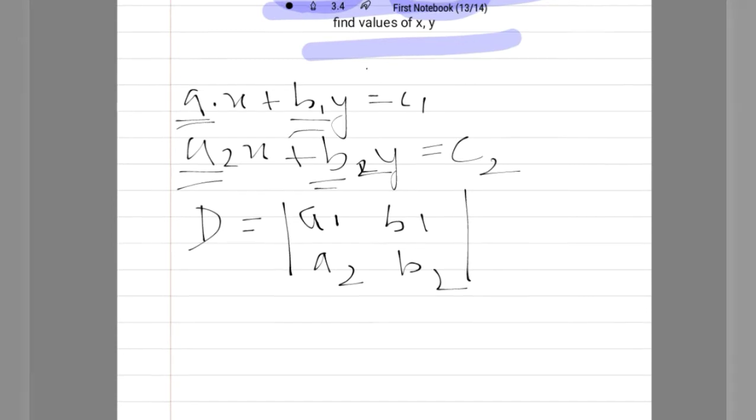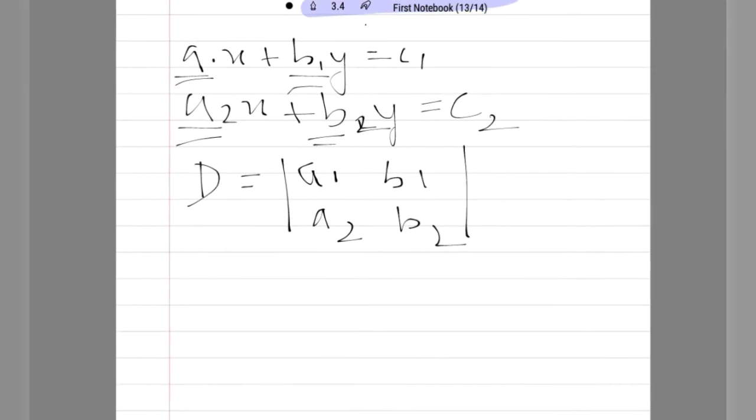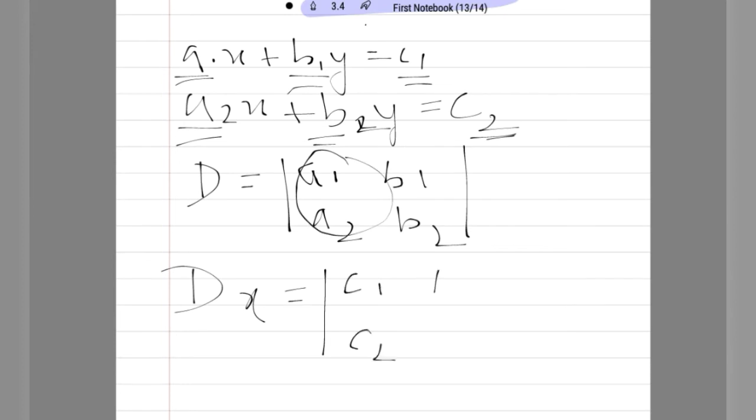Now for writing the determinant dx, you have to just replace the coefficients of x by the constant coefficients. Okay, replace a1 a2 by c1 c2, and keep b1 b2, nothing to do with the coefficients of y.